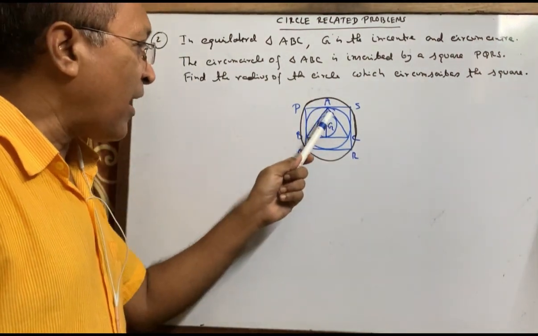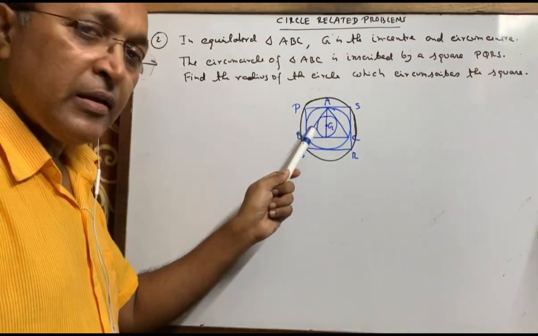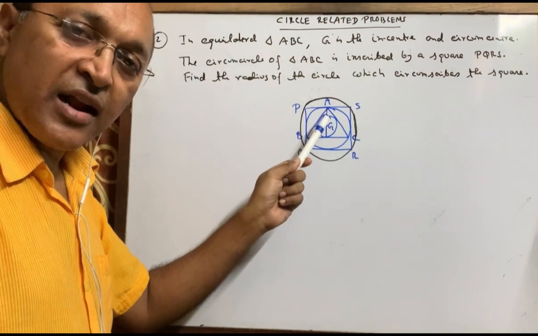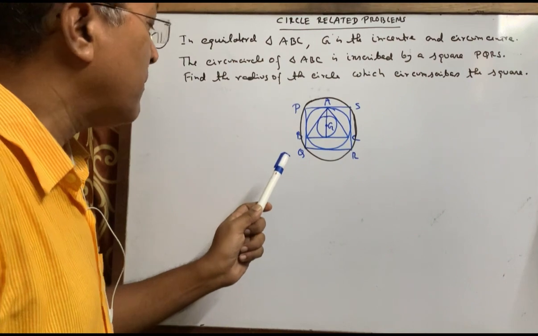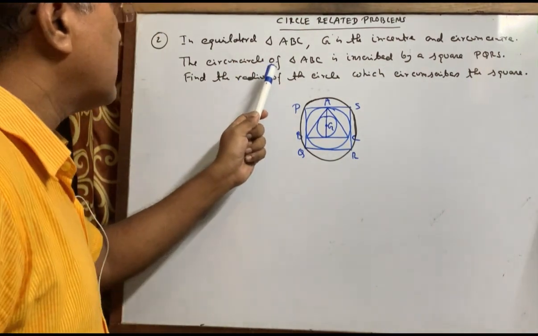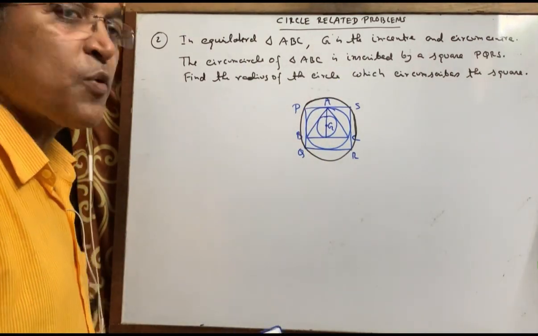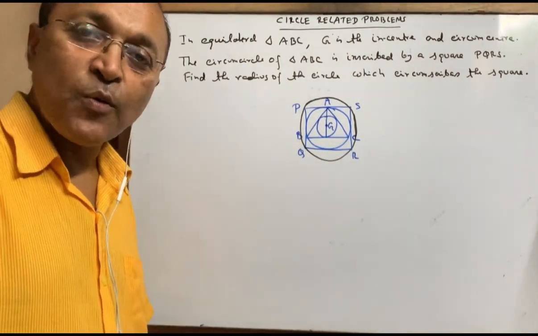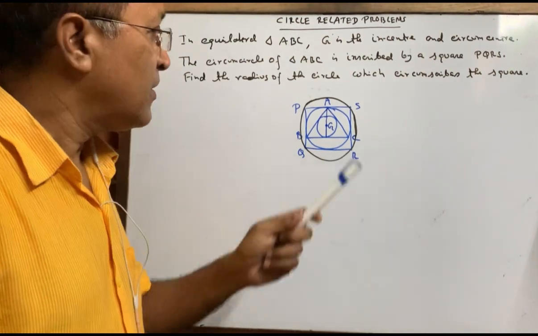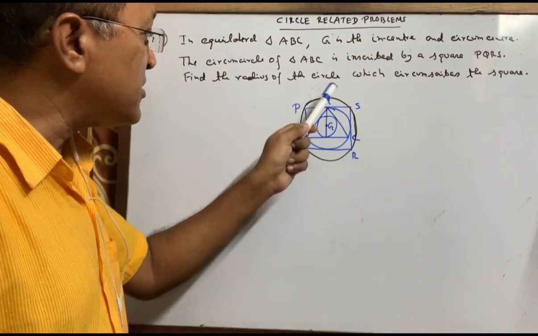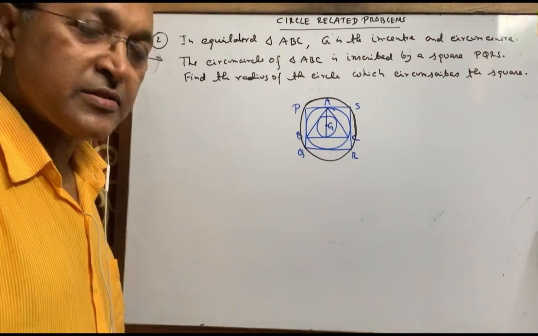So, triangle ABC, equilateral triangle, G is the incenter and circumcenter for incircle and circumcircle, and then the circumcircle is inscribed by a square, means the square circumscribing that circumcircle. PQRS is the square, and there is another circle which circumscribes the square. So we have to find the radius.